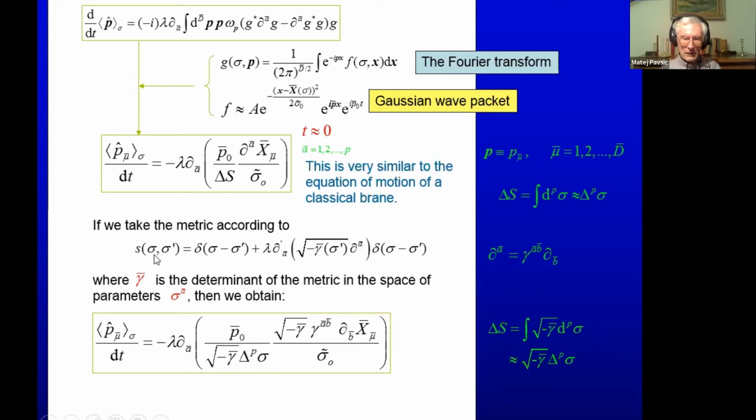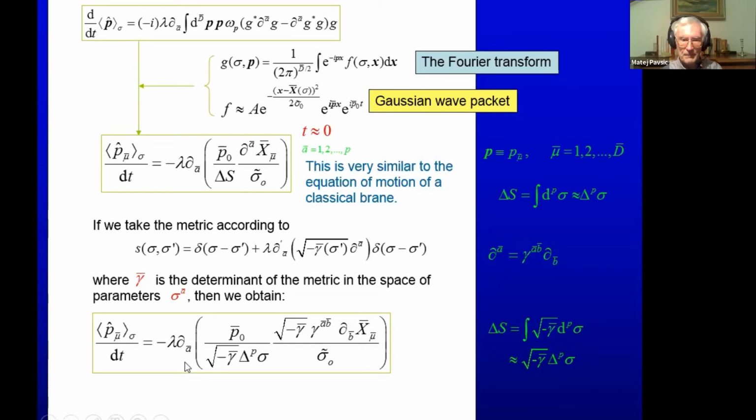But if we improve the metric, if we take this expression for the metric in the brane space, in which we insert also the determinant in the space of the parameters on the brane, then instead of this action, we obtain this action here, where this sigma, which was here the integral of the brane with this determinant, is approximately equal to this expression here.